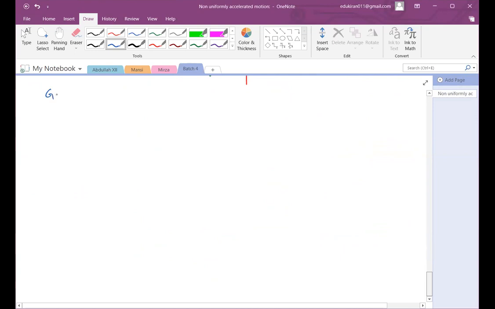Now, next is graph. In graph, we mainly define two terms. First is slope and second is area. Let's say you have a line from this point to this point, having coordinates x1, y1 and coordinates x2, y2.